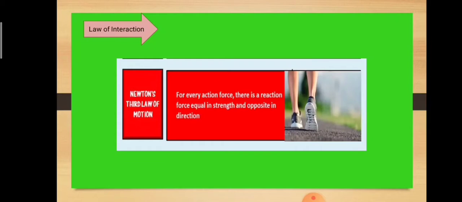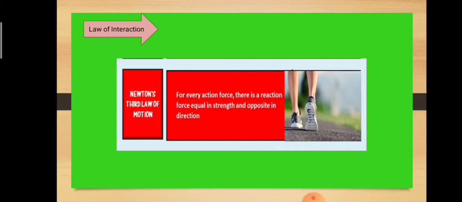So in Newton's third law of motion, a pair of forces called the action force and the reaction force is present in interacting objects. When two objects interact, there is a reaction force that is equal in magnitude but in the opposite direction.